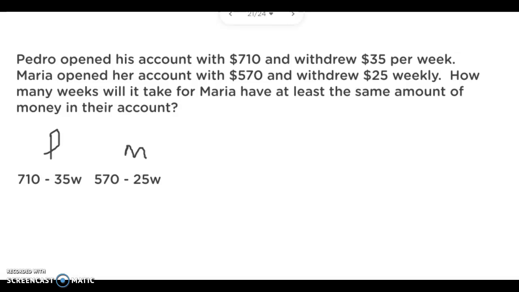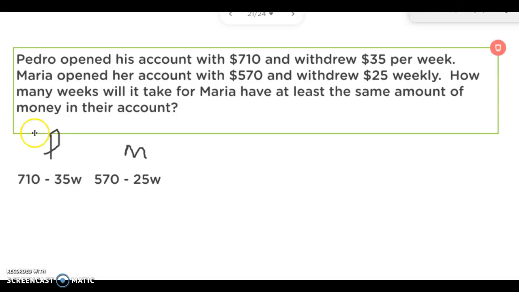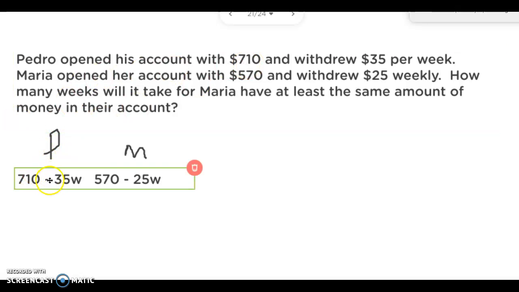Let's look at what's happening in the problem. Pedro has more money, right? How do we know? Because he's starting with $710. And Maria has less.